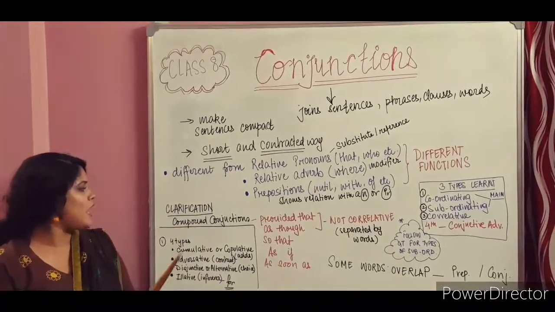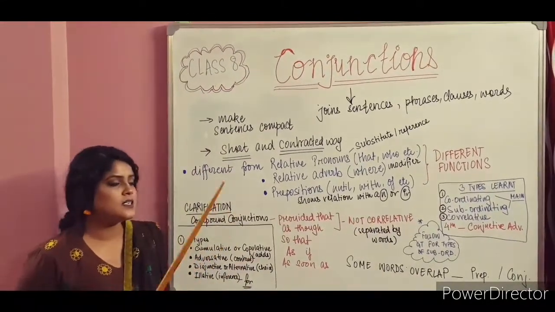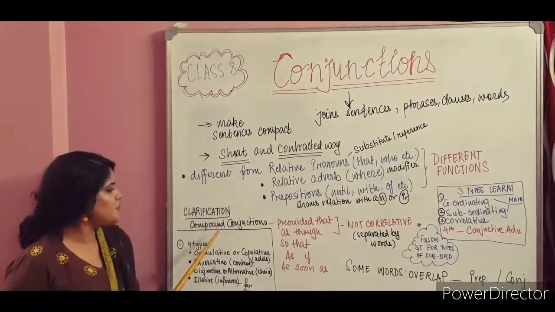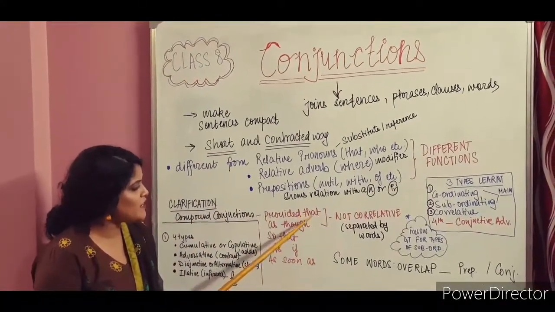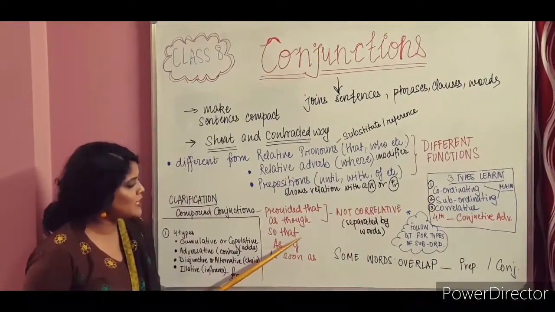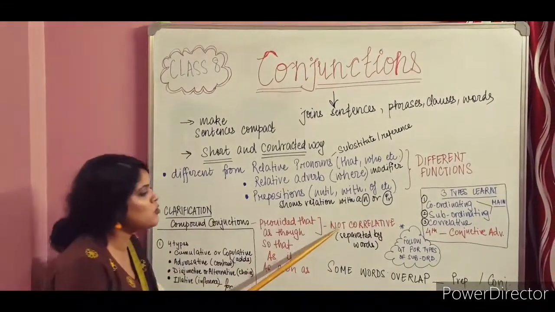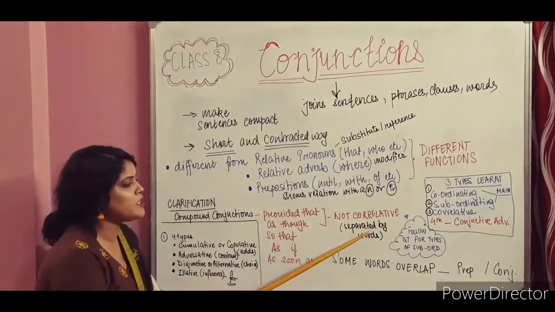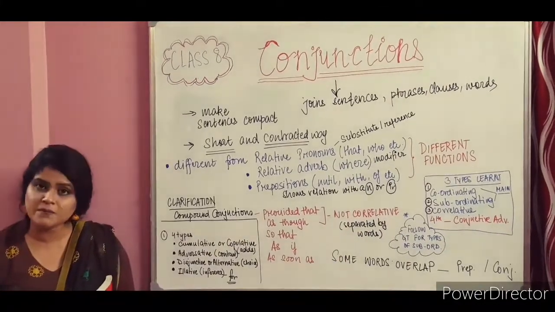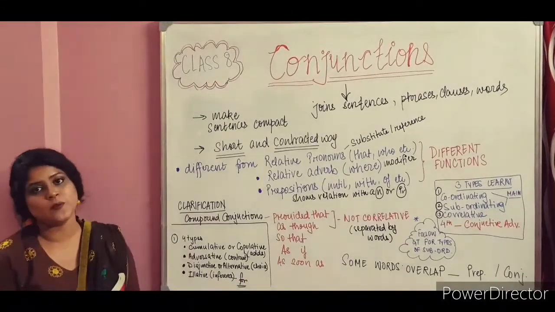Now, I would just clarify one thing that I had already said in the Teams classes. We talked about these sort of conjunctions, provided that, as though, so that, as if, as soon as, being not correlative. Correlatives are conjunctions that are separated by words. They work in pairs, they come in pairs, but they are definitely separated by words.